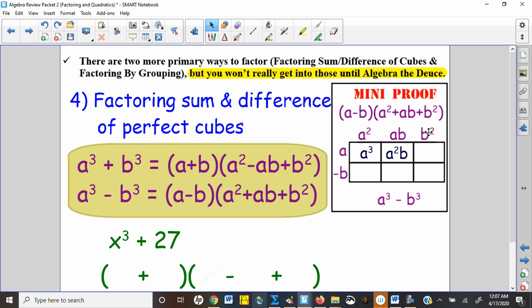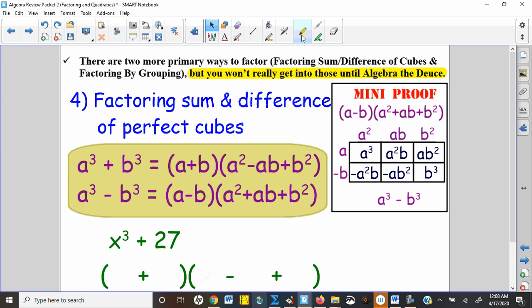A times b squared is ab squared. See how I'm just filling in the boxes? A squared times negative b is going to be negative a squared b. AB times negative b is also going to be negative, and it's going to be ab squared. And then finally, negative b times positive b squared is negative b cubed.